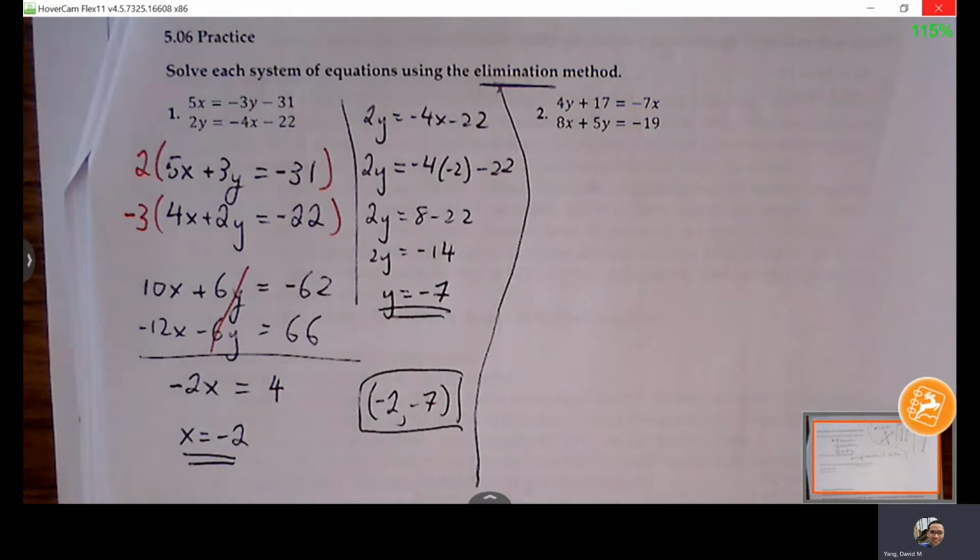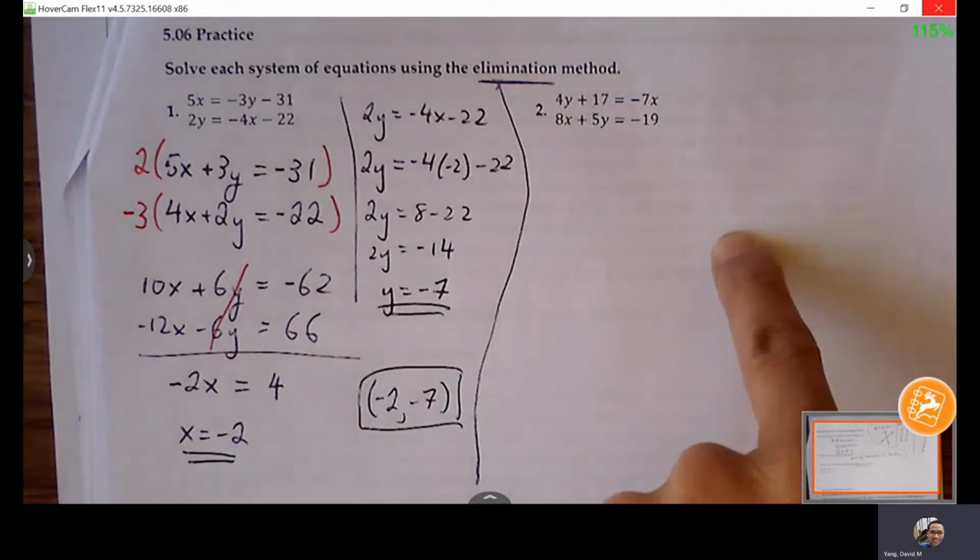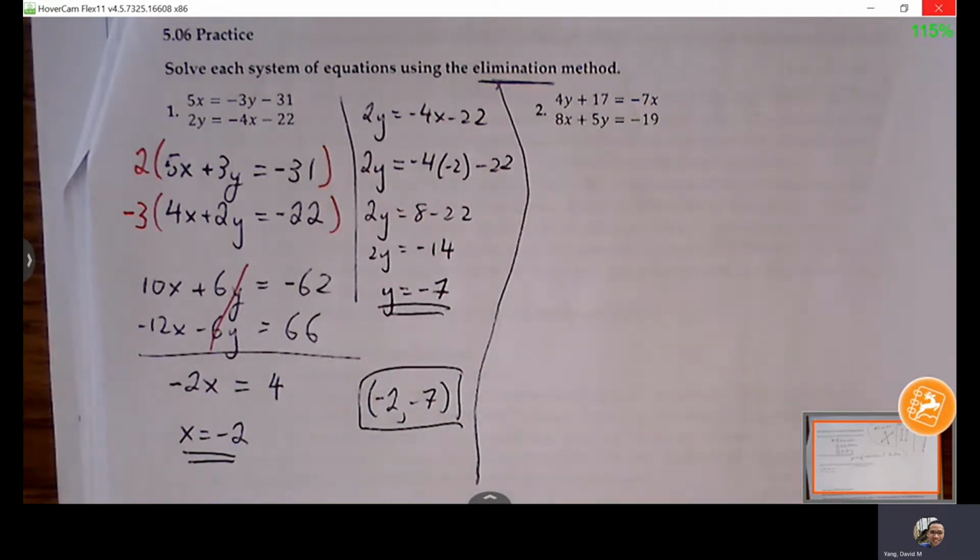Guys, when we get to the next page, we're just going to do 5 and 6, okay? So that'll be our classwork. Finish 2 and 5 and 6, yes. Okay.